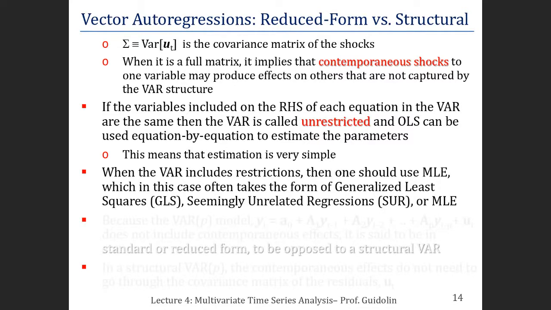But in the moment in which there are restrictions or some coefficients set to pre-specified values, they switch automatically to maximum likelihood. Also, what if you always use maximum likelihood? You don't care for OLS. You want to basically forget about OLS? No problem. When OLS is feasible and efficient, maximum likelihood will give the same results.